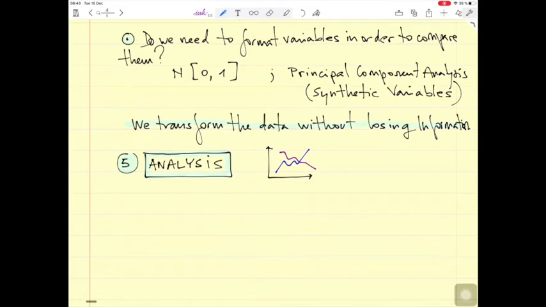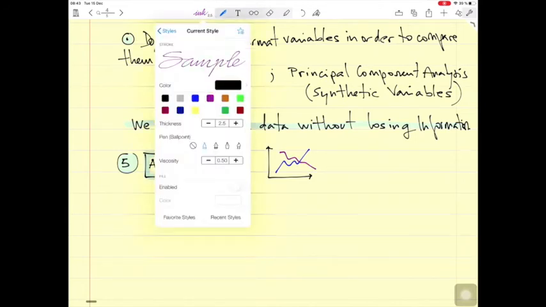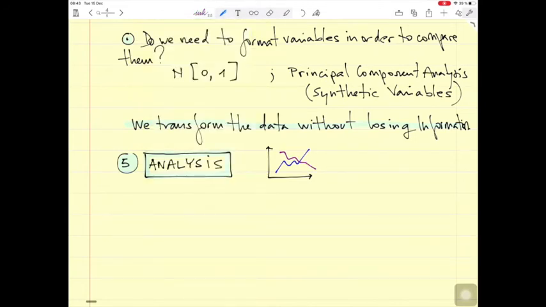Once we have cleaned the data and represented and transformed the data and so on and so forth, we need to make sure we make sense of the data. Okay, so here we bring an interpretation, a sort of intelligence to the data.